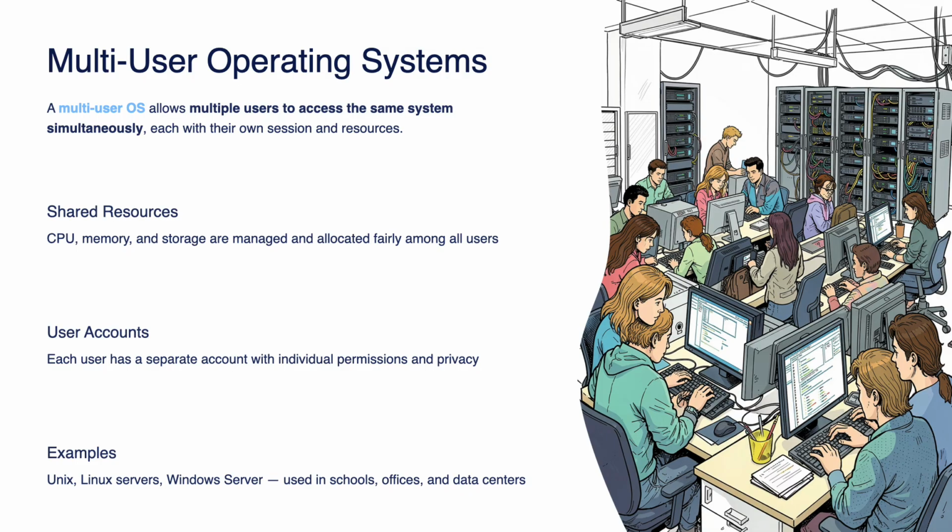The underlying OS kernel manages and allocates shared physical assets like CPU cycles, RAM space, and hardware storage blocks, ensuring fair performance and preventing any single session from crashing or snooping on another user's work. These are used in Unix, Linux server clusters, and Windows Server systems in data centers, school computer networks, and enterprise offices.